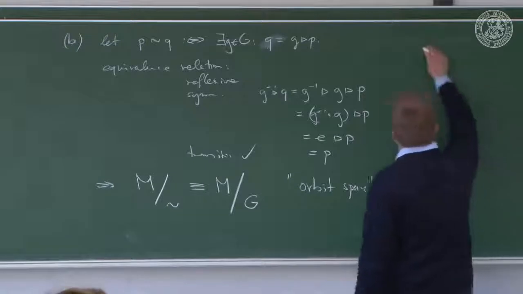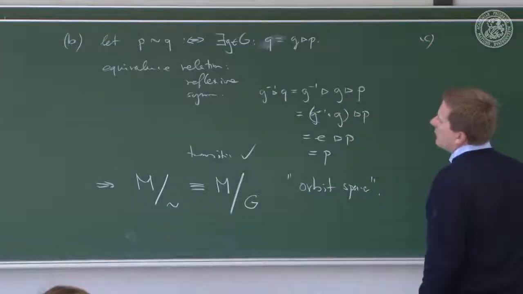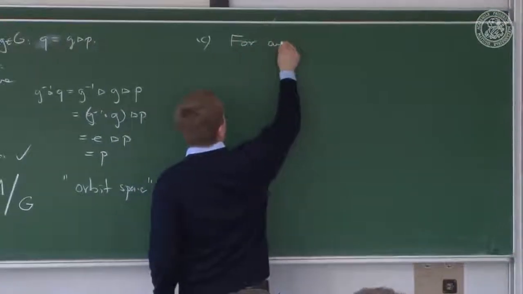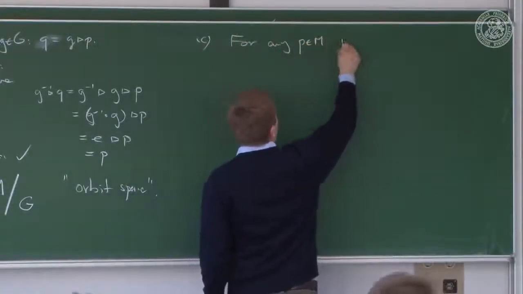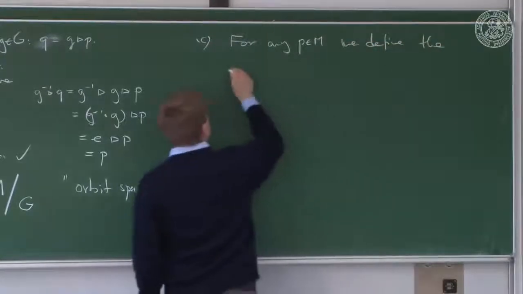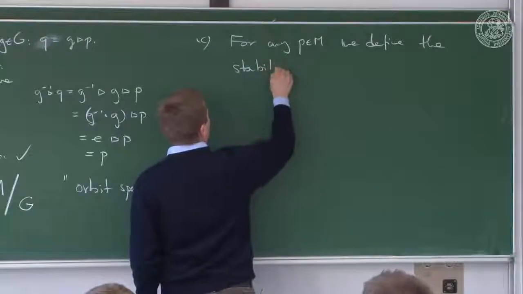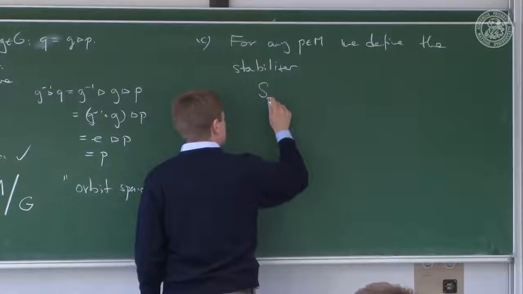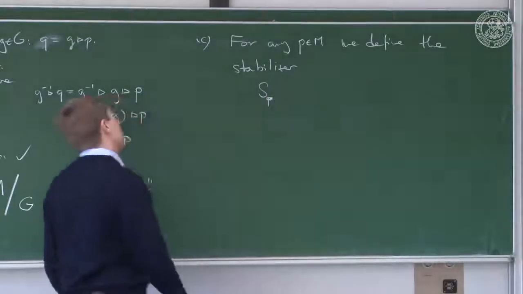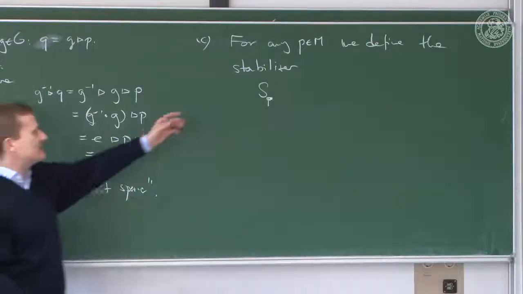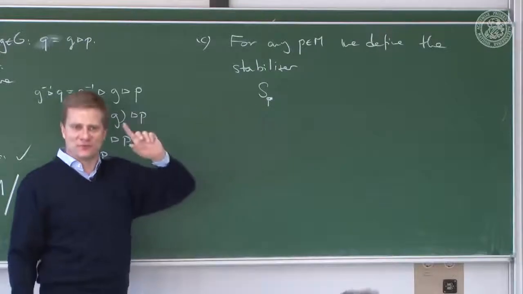Okay, so then let's have C. For any point P in M, we define the stabilizer. That's now again a set, let's call it S sub P, because it depends on the point where you are. But while the orbits were a subset of the manifold, the stabilizer is a subset of the group.